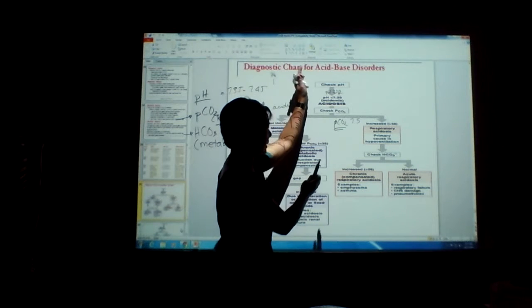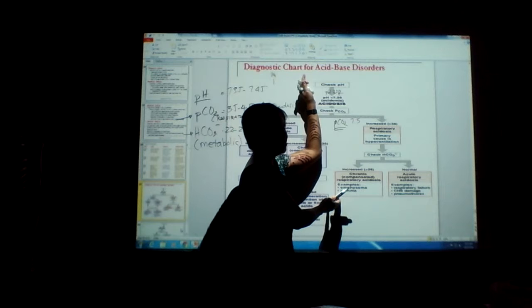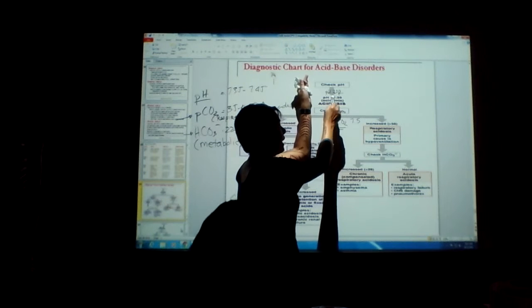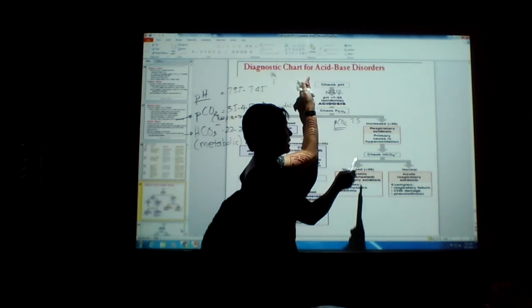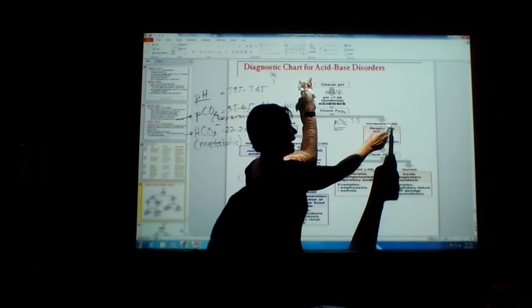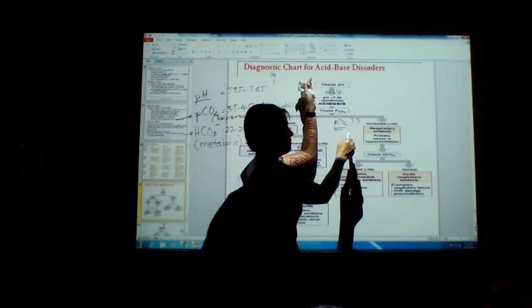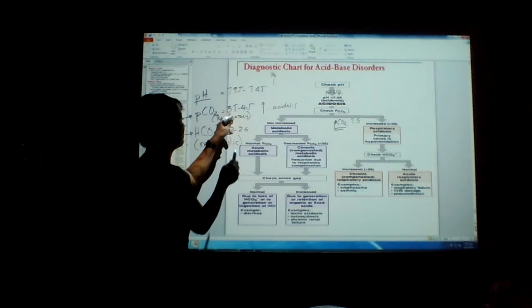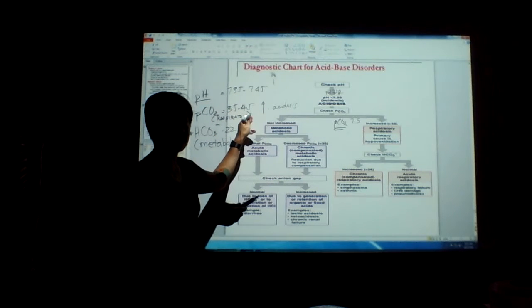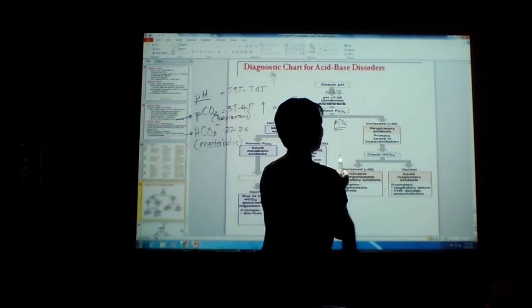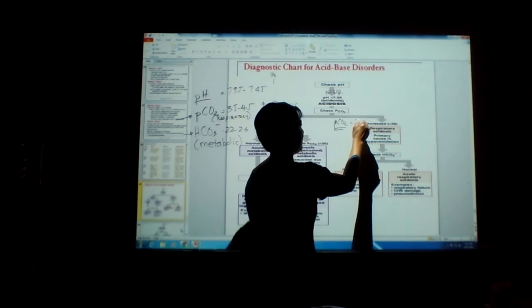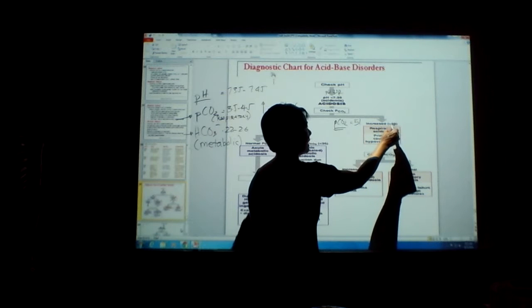Let's again look at this part right here. I took the pH and the pH is low. I know the patient is in acidosis. Then I look at the PCO2, which is high. You know that the PCO2 value is 35 to 45, right? The PCO2 of this individual may be 51, so it's high.